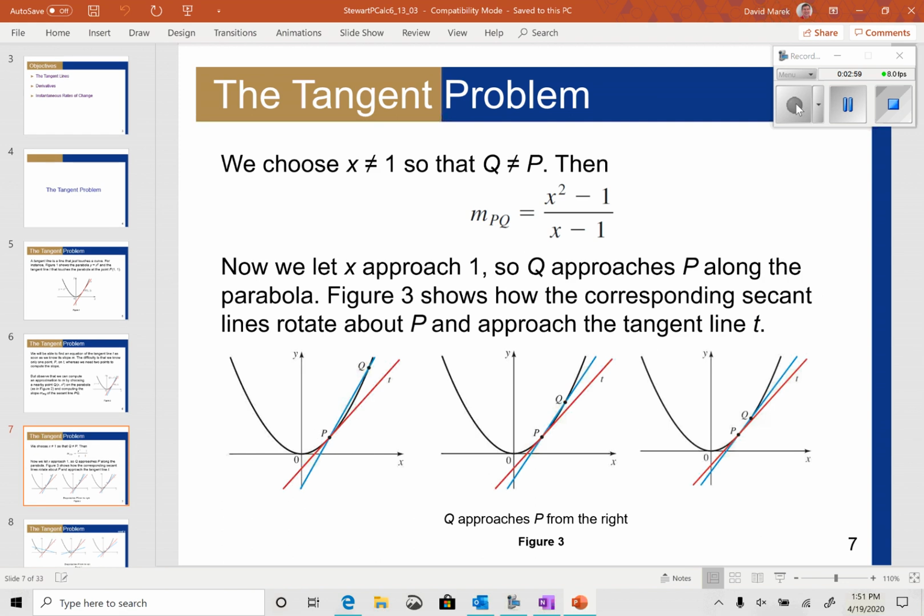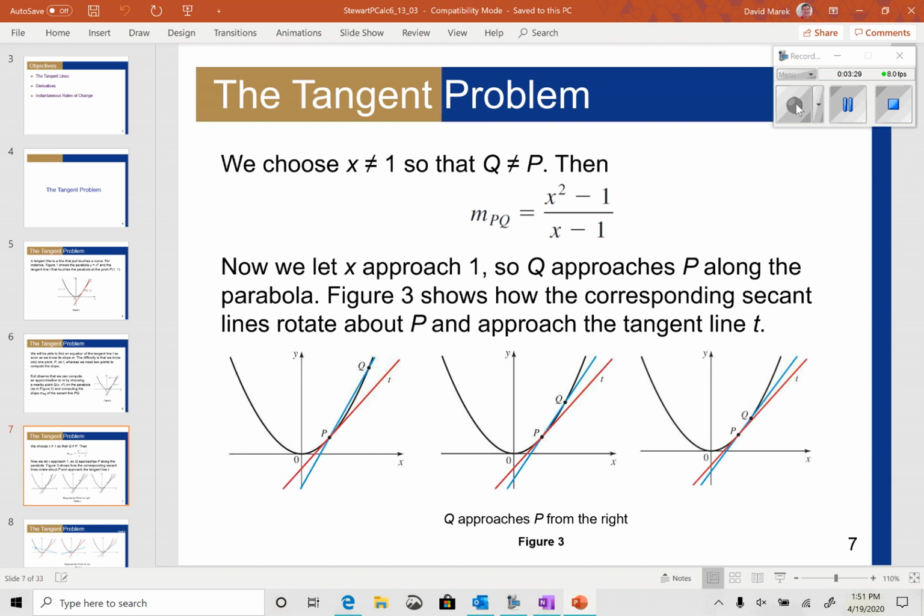We remember our lovely slope formula. For the slope of line PQ, we take the difference in the y coordinates. Point Q has coordinates (x, x squared), and P is at the point (1, 1), so the difference in the y's will be x squared minus 1. The difference in the x's will be x minus 1.